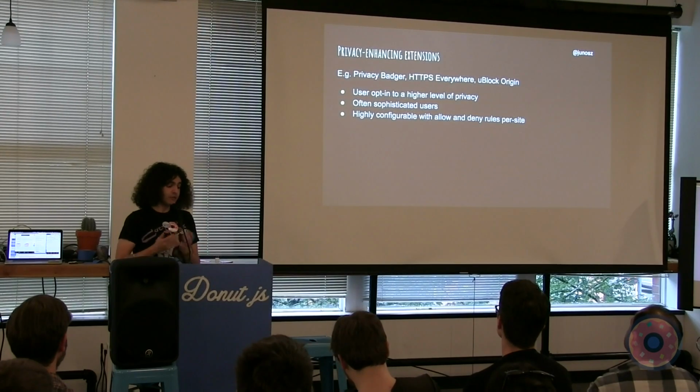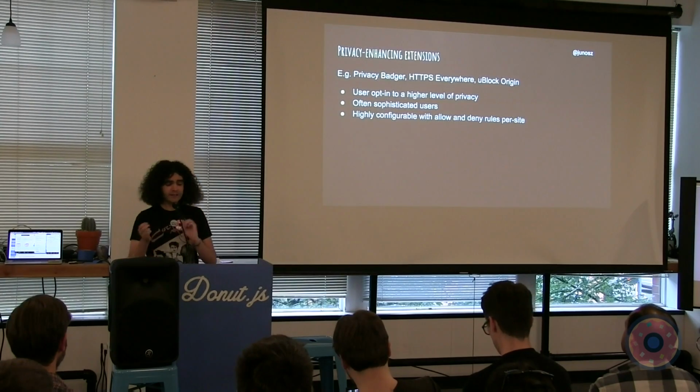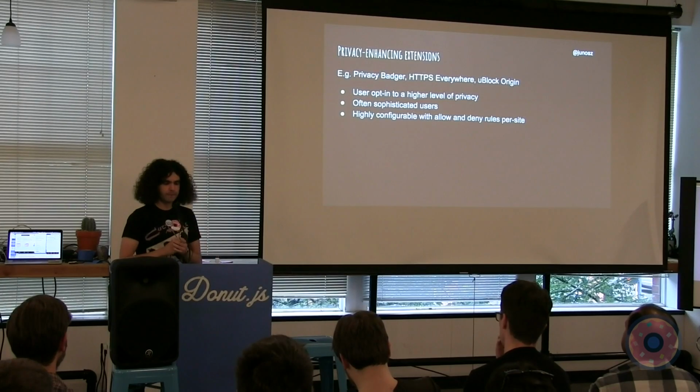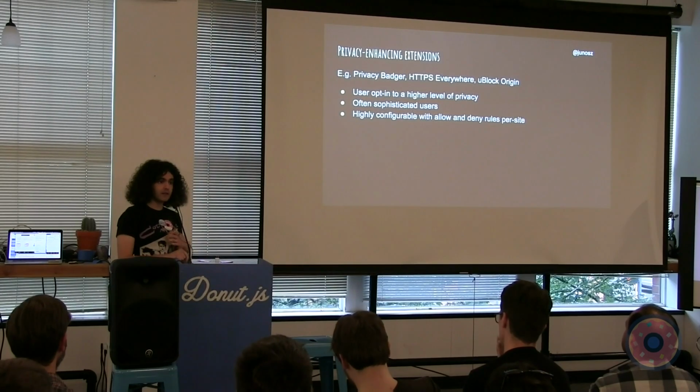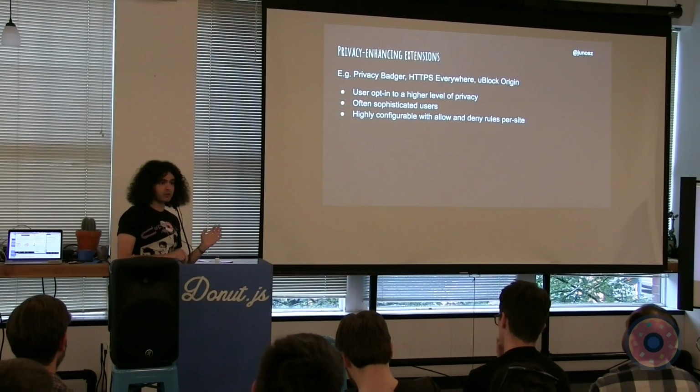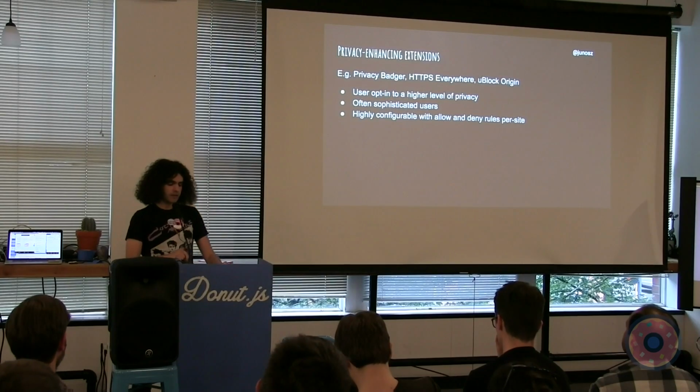In general, this is a good idea to use if you're someone who's concerned about your privacy and you just want more control over what's going on. The downside is they can be difficult to use, and the vast majority of people do not use them.